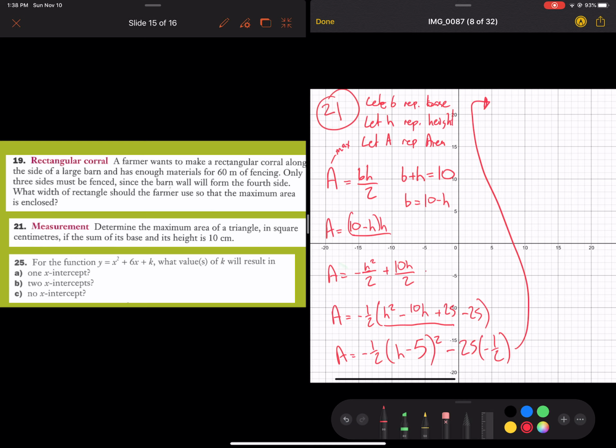That's just equal to area equals minus half height minus 5 squared plus 25 over 2, or 12.5. So now I have my equation, and my vertex is going to be 5, and then 25.